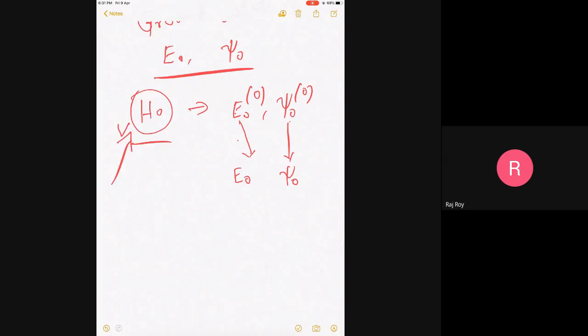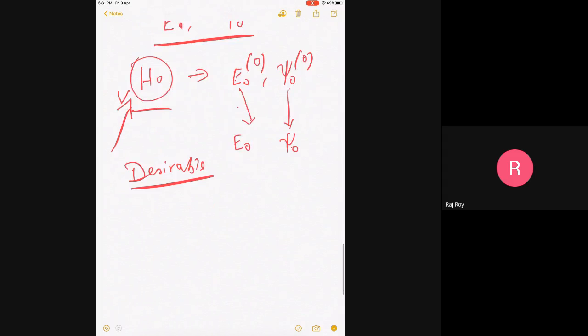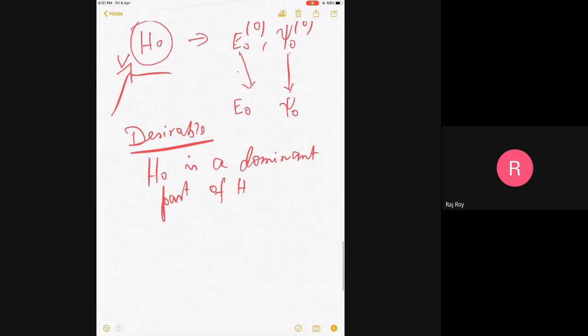For many other reasons, as you will see, the desirable feature for perturbation to act is that H naught is a dominant part of the Hamiltonian, which means that the perturbation V is small. Again, it is very hard to define what is small in terms of a simple operator, unless you take matrix elements and get a number.